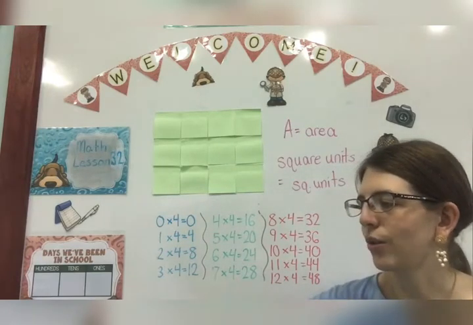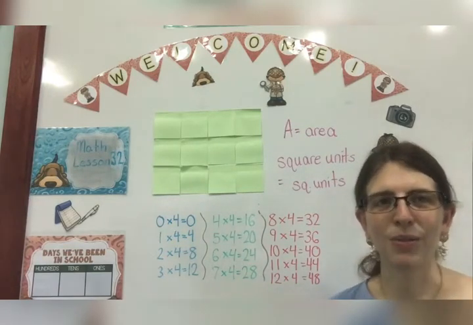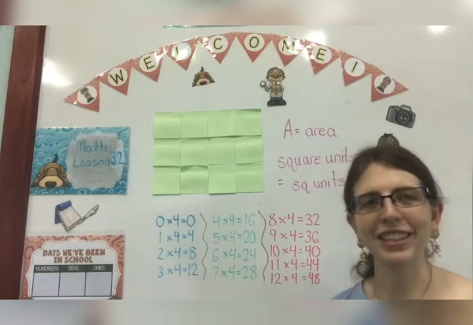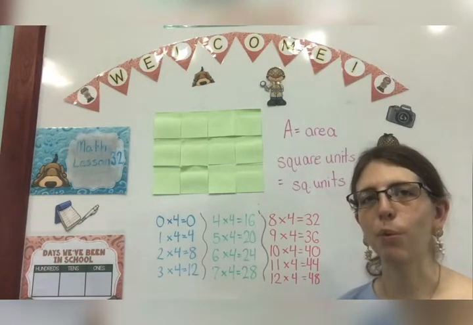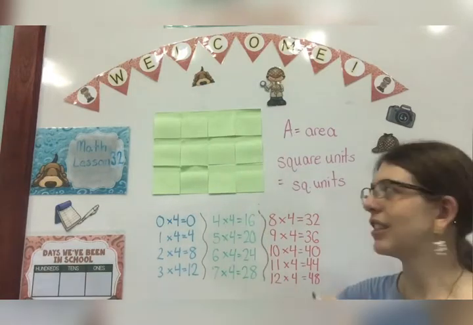So that shows us that all we do is count the squares. So let's do that with my shape here. Let's find the area of my green rectangle on the board. I'm going to count each of the squares.